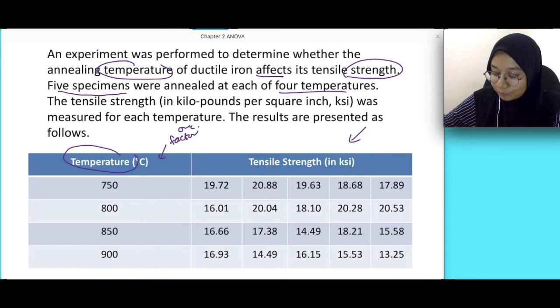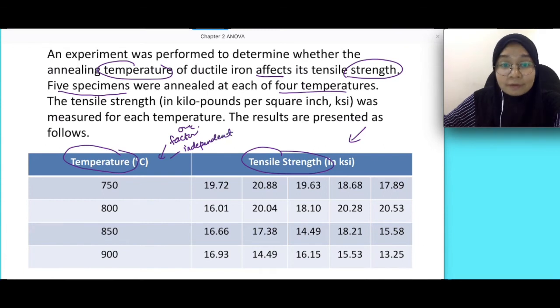Does this temperature give an effect to the tensile strength? So temperature is your independent variable, and tensile strength is your dependent variable, the response.